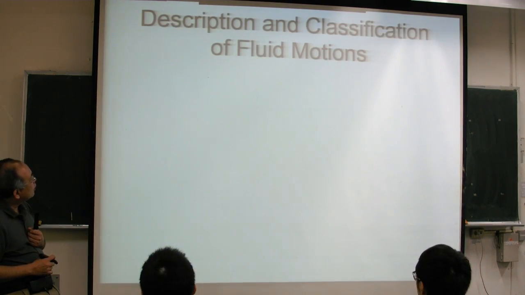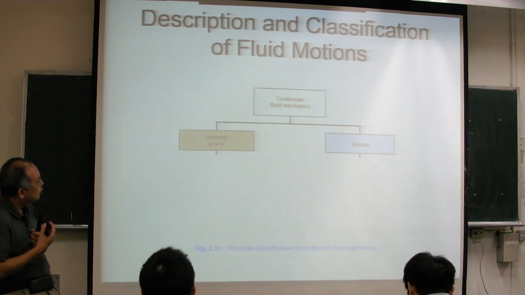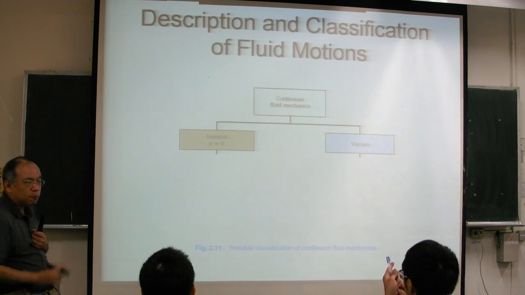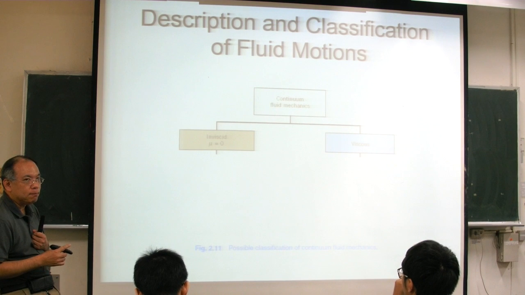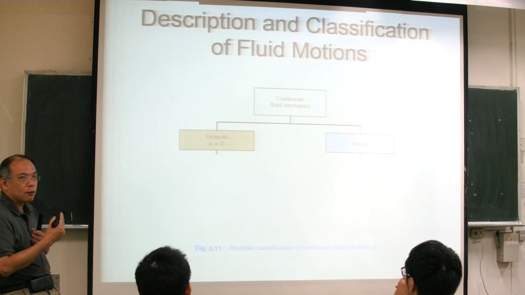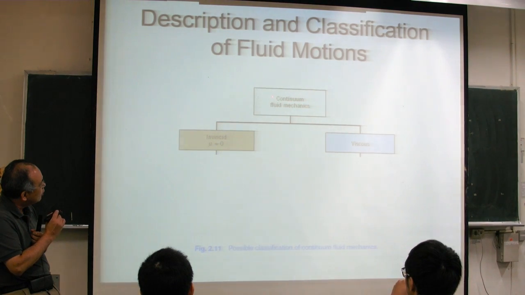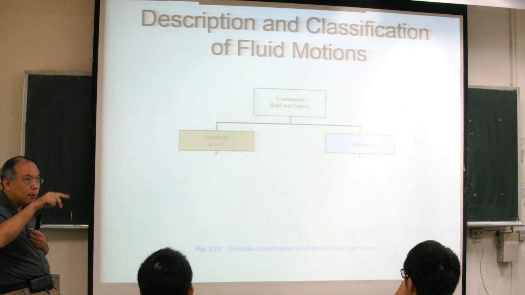Well, here I give you a classification of the fluid, the categories of fluid. We start from continuum fluid mechanics. You have to know the definition of continuum. In part 1, we really emphasized what kind of fluid can be regarded as a continuum. We use the Knudsen number, remember.